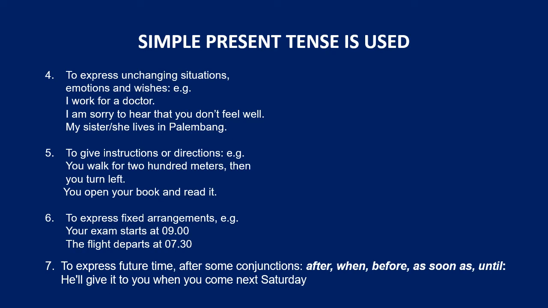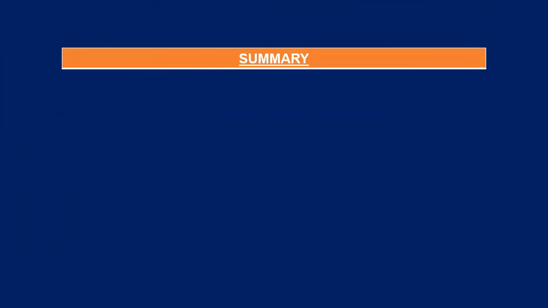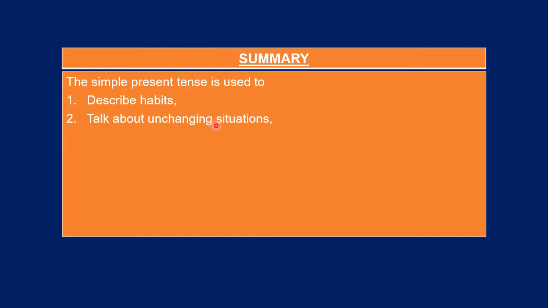But before we finish, I just want to show you the summary of the usage of simple present tense here. Summary. So you can use simple present tense to describe habits. Second one is to talk about unchanging situations.